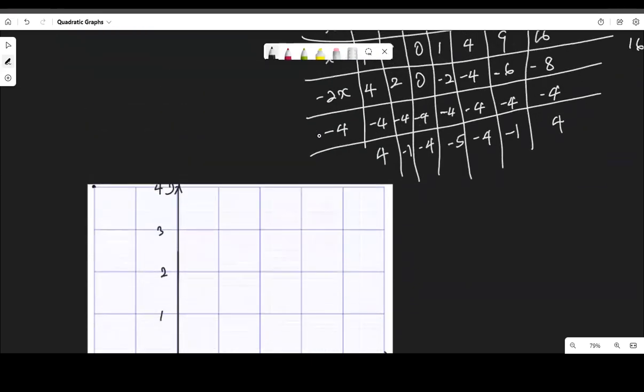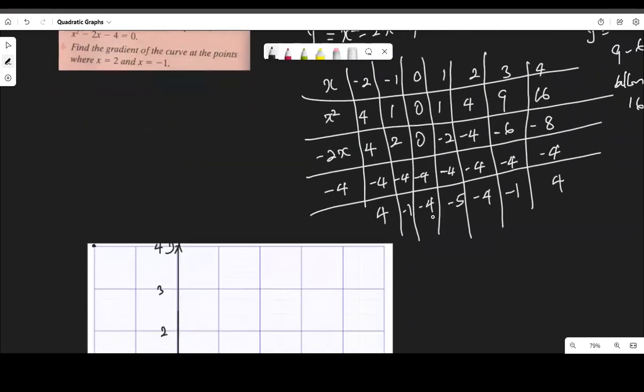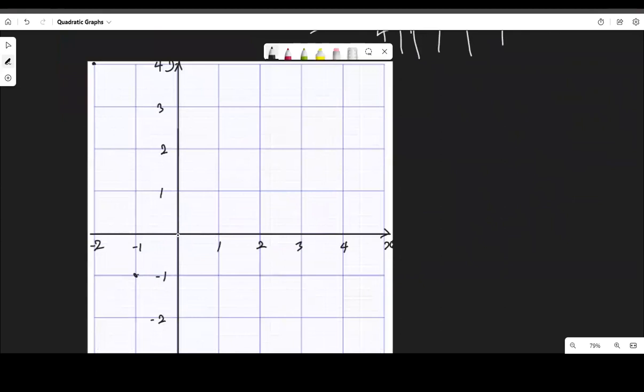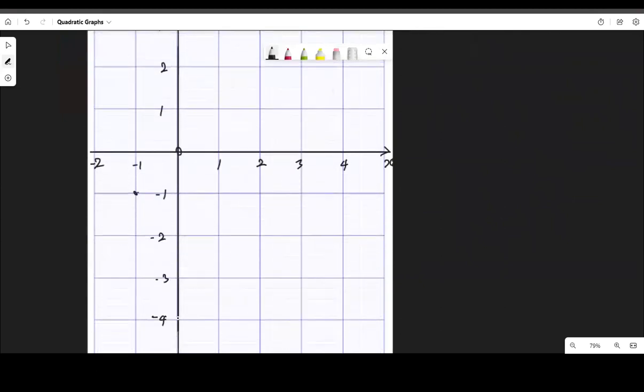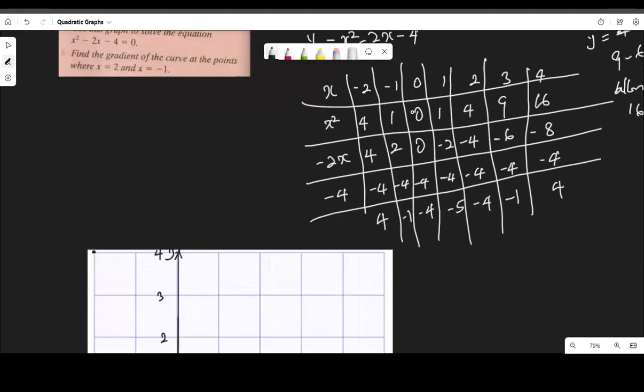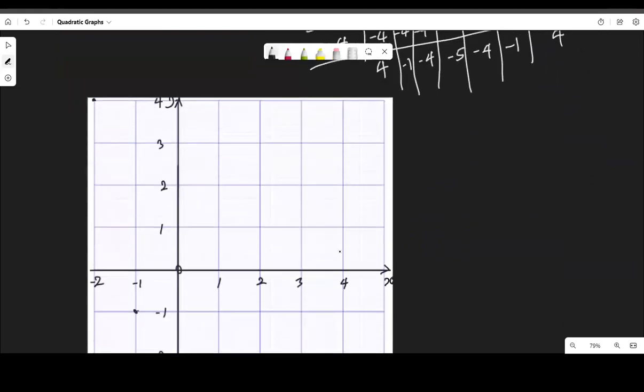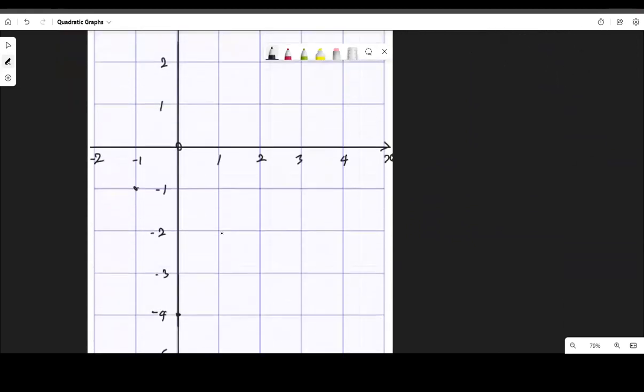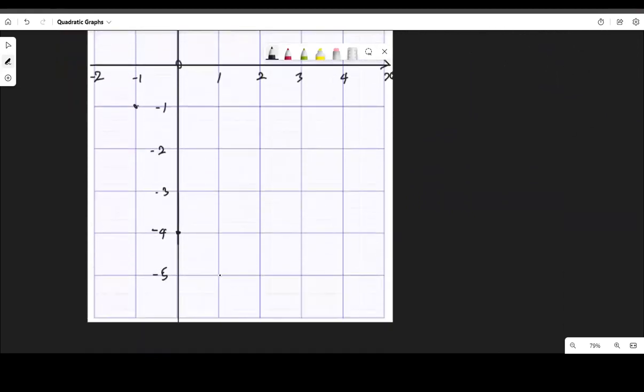And when x is 0, y is negative 4. This is 0 here. Negative 4, we'll trace it down, which is here. When x is 1, y is negative 5. 1 is right here. We'll trace it to negative 5, which is here.